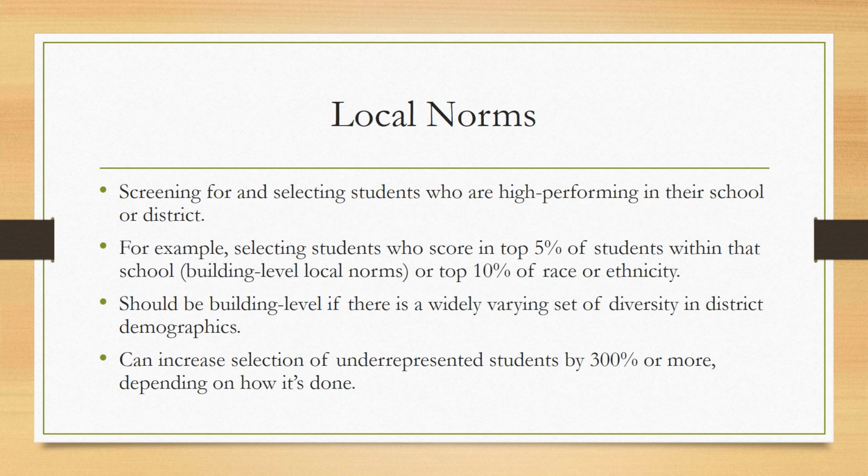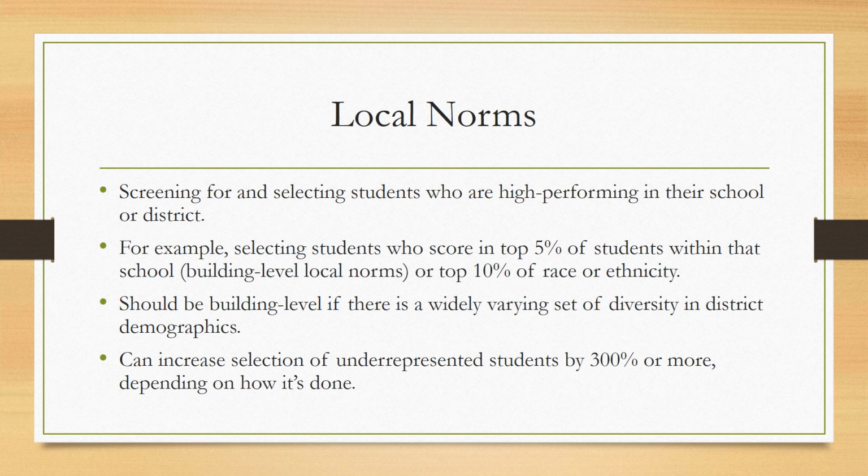Another good practice at identifying underrepresented students is the use of local norms. And what that basically means is that you screen for and select students who are high performing within your school or district. So instead of using national norms, which are provided by the test makers, like if you do the IQ test and you use a WISC for that, they'll say, okay, 3% of students naturally scored above 130, and you might choose to use that as your cutoff.